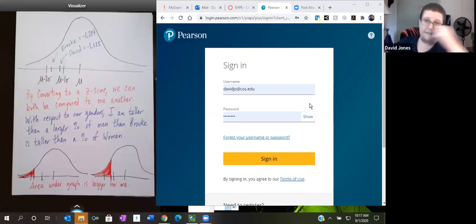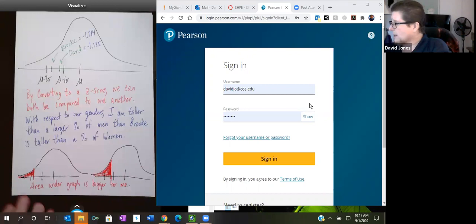Which means if there were 100 guys and 100 girls, and we were comparing, I'm going to be taller than more guys out of the 100 than Brooke is taller than girls out of the 100 on average. Okay, that's the idea of z-scores.